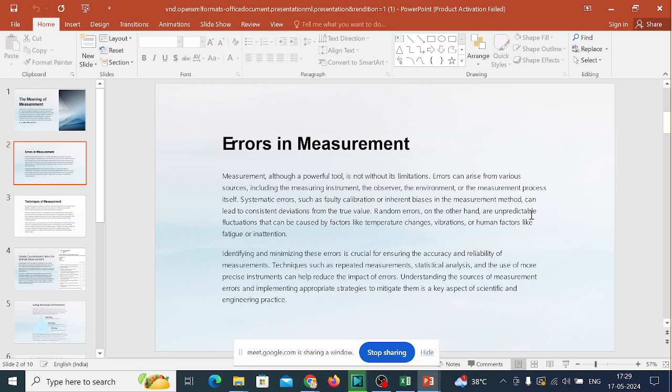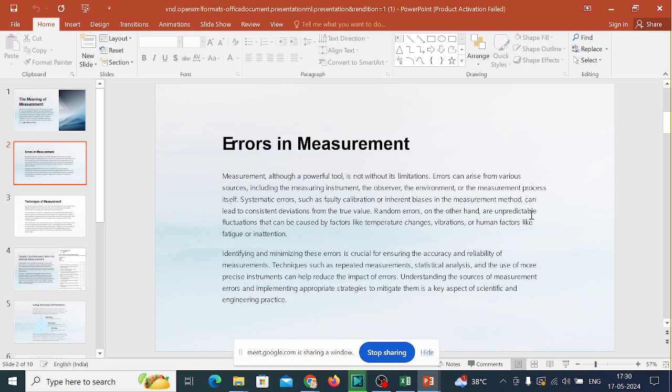Now, systematic errors are faulty calibrations or inherent biases in the instrument or methods that can lead to consistent deviations from the true value. Random errors, on the other hand, are unpredictable. Fluctuations can be caused by factors like temperature changes, vibrations, and human factors like fatigue or inattention.